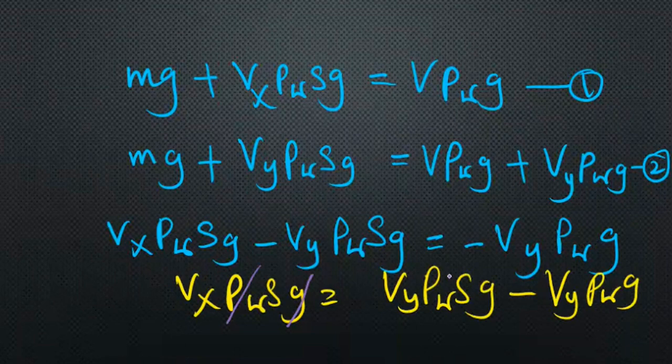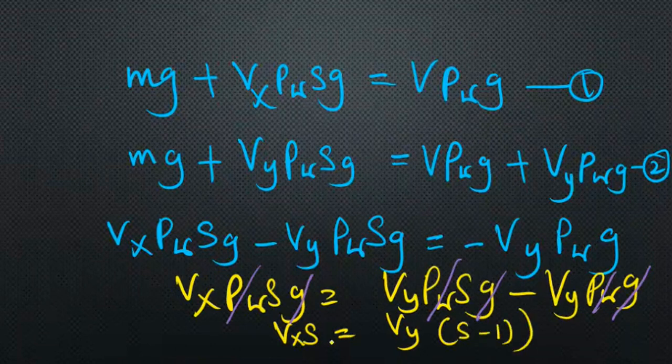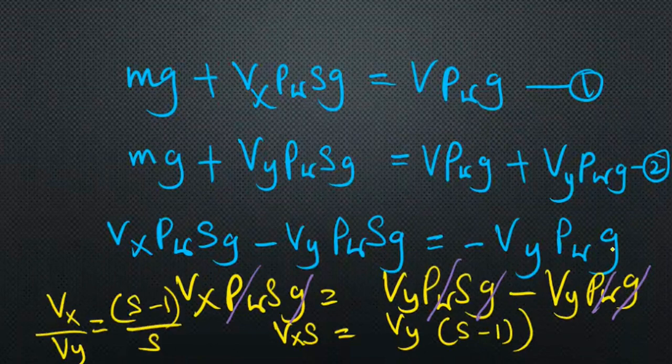So then we can write Vx s equals Vy, which is common, times s minus 1. So finally we can write Vx over Vy equals s minus 1 over s. That is our answer. Right, let's look at the answers first.